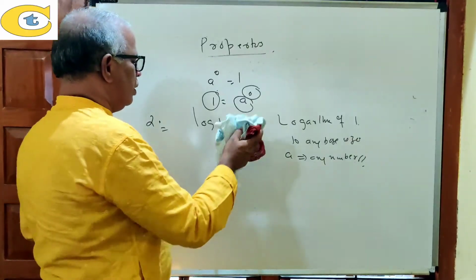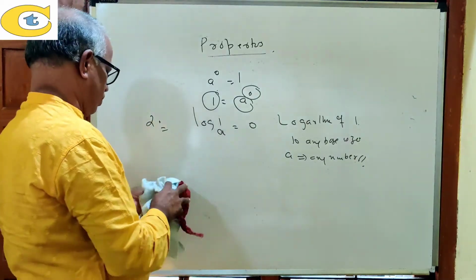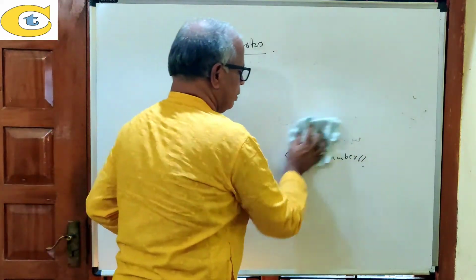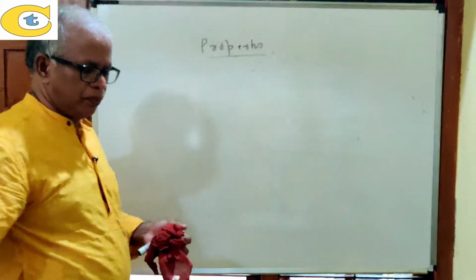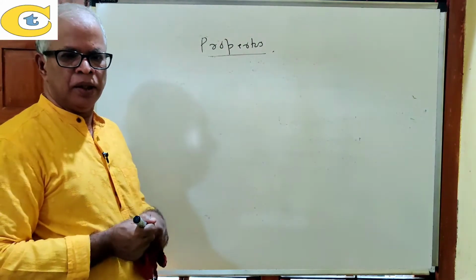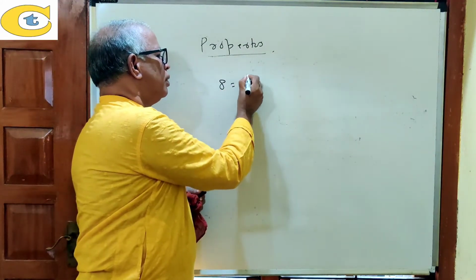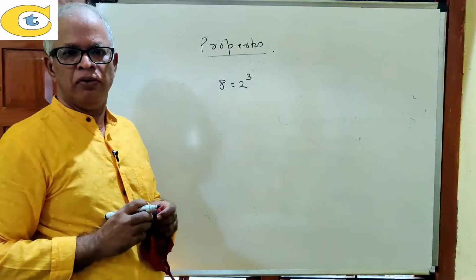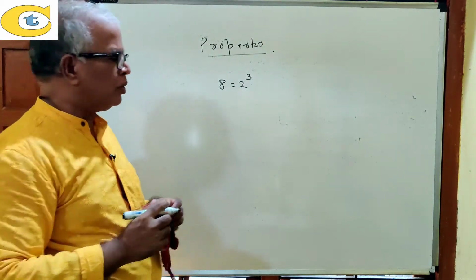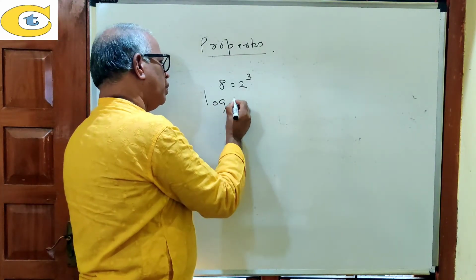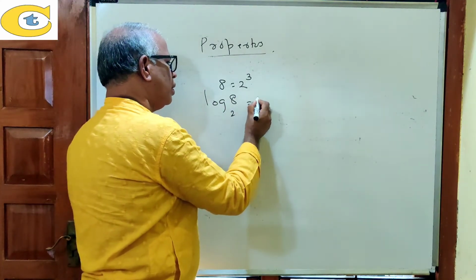Third one, I'll give an example. Say, look here, 8 is equal to 2 raised to 3. All of us know it. Or any number you can take. So logarithm of 8 to the base 2 is equal to 3.